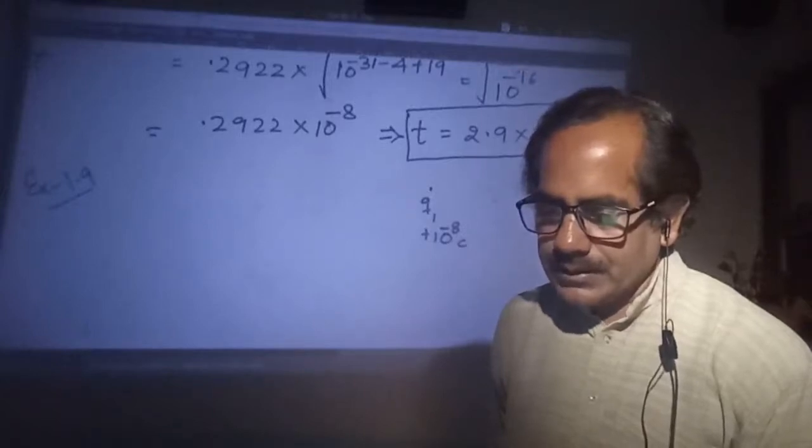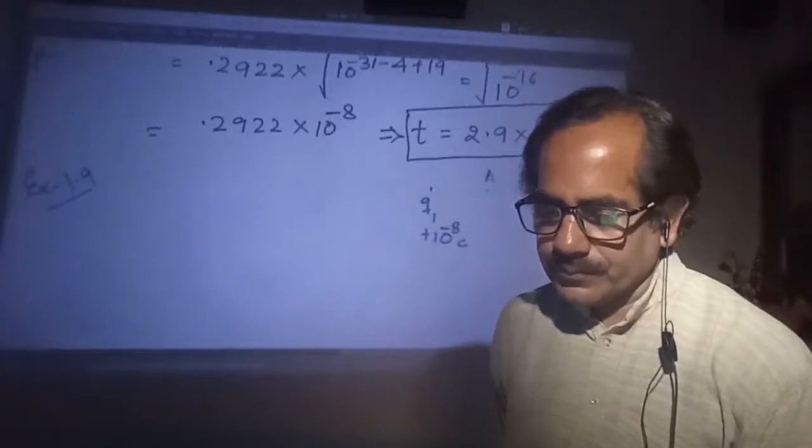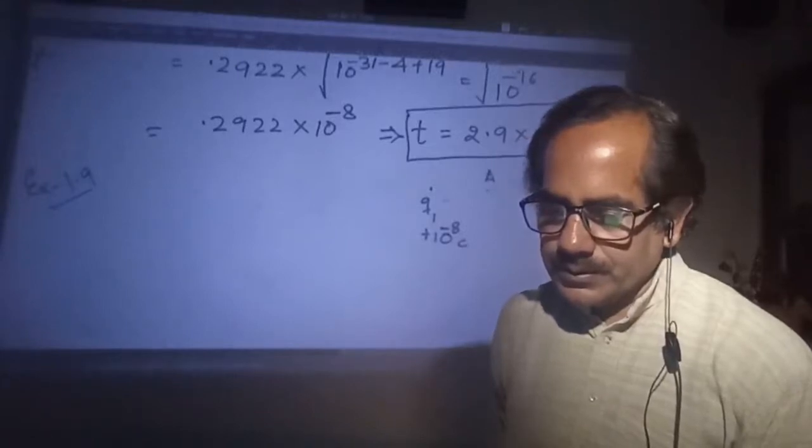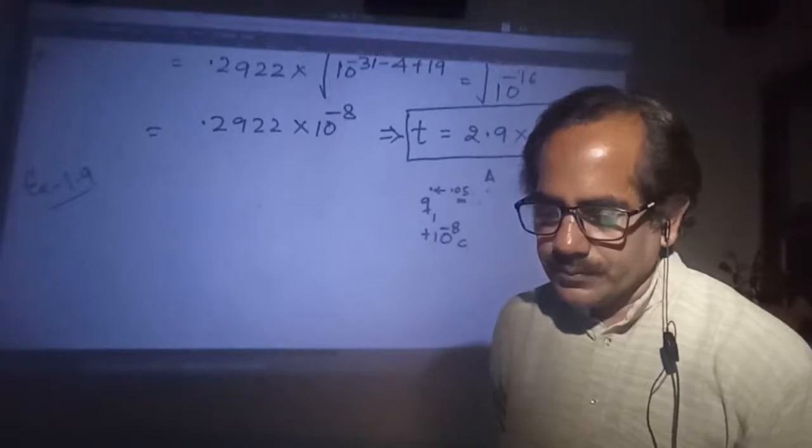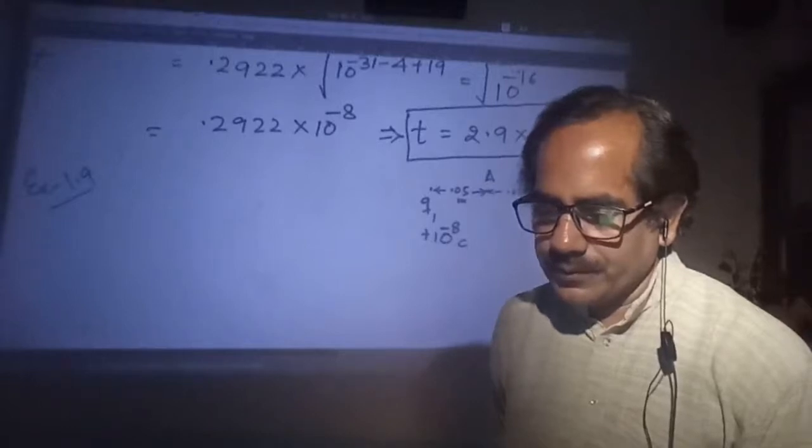Point A is here at the midpoint. The distance between this is 0.05 meter. This is also 0.05 meter.